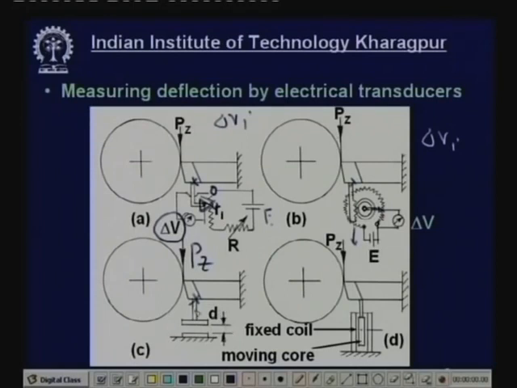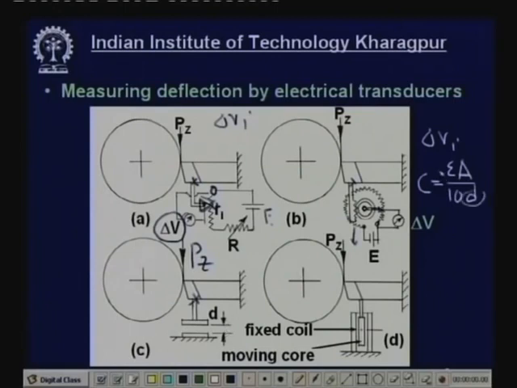Now because of the change in D, there will be a change in capacitance, because capacitance C is equal to epsilon A divided by D. What is epsilon? Epsilon is the dielectric constant. What is A? It is the overlap area between the plates, and D is the gap between them.